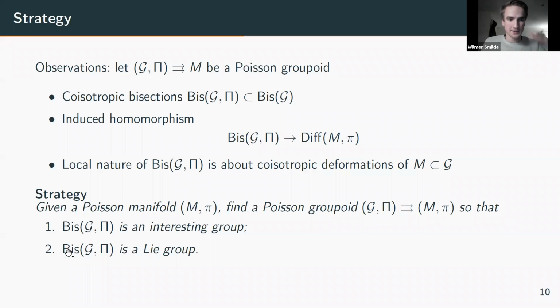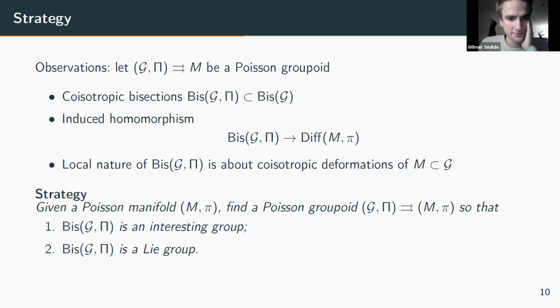Well, and secondly, we want to be able to describe this group of coisotropic bisections as a Lie group. So that's the general strategy. So how do we address the second part?